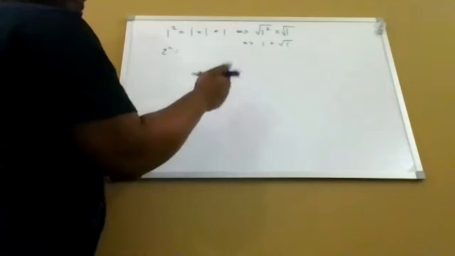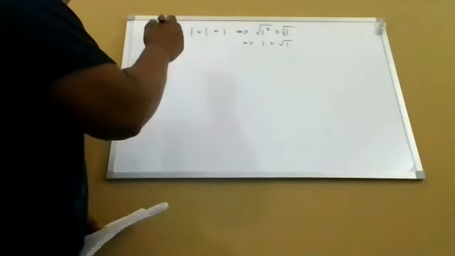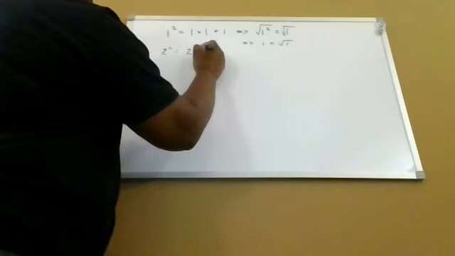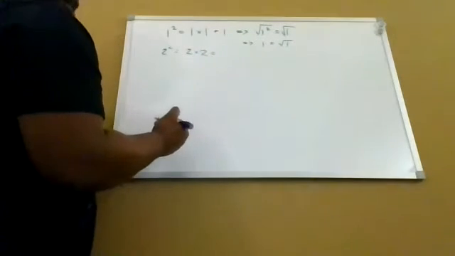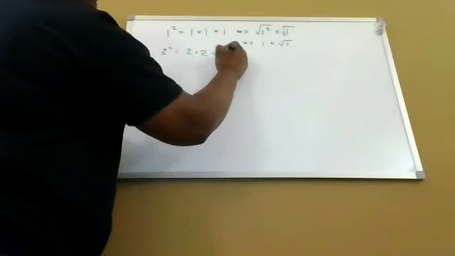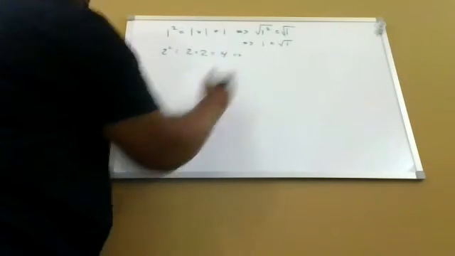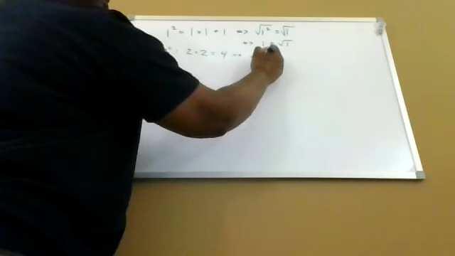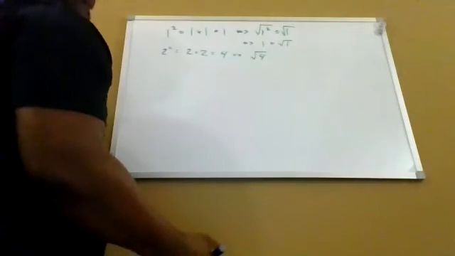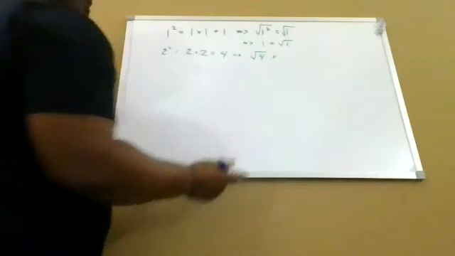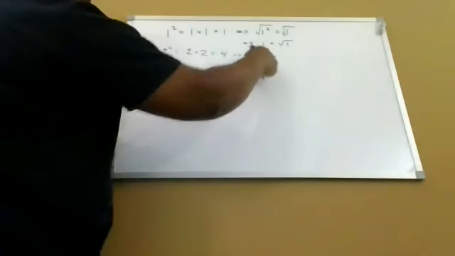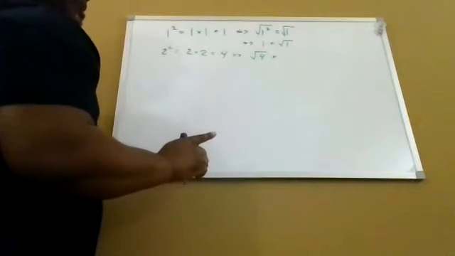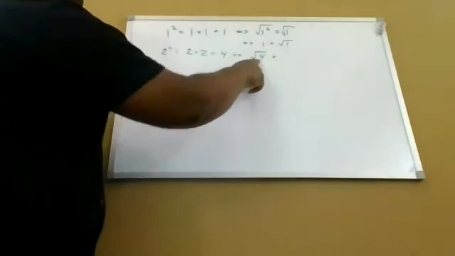2 squared means 2 times 2. And 2 times 2 equals 4. So now the square root of 4, what that means is what one number do I multiply twice to get the number 4.